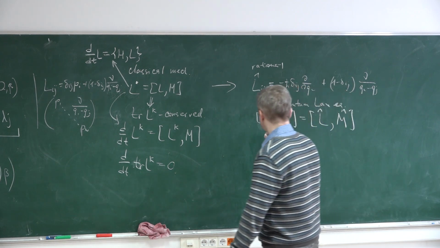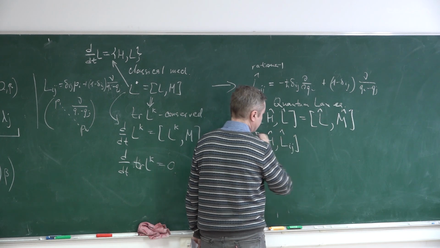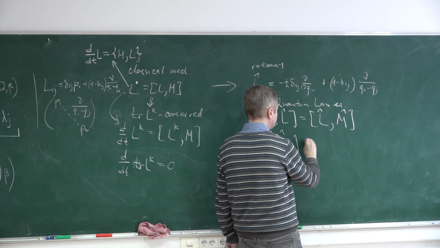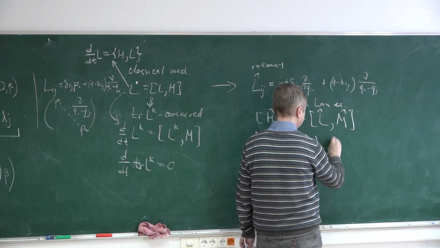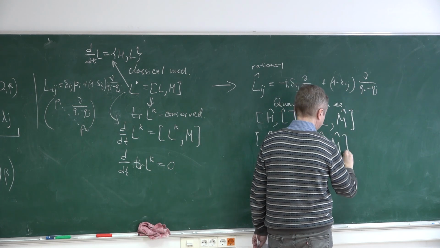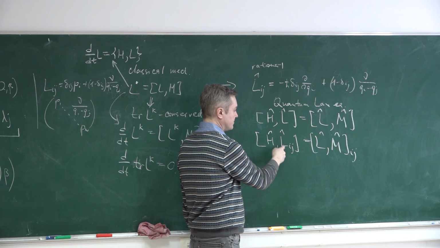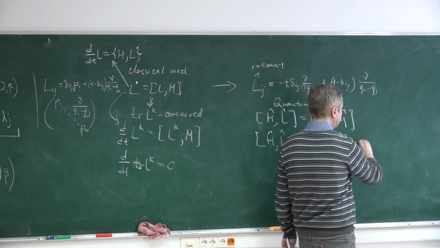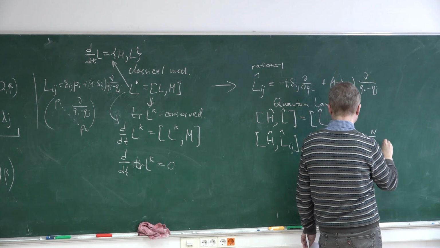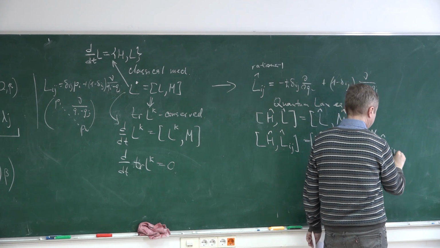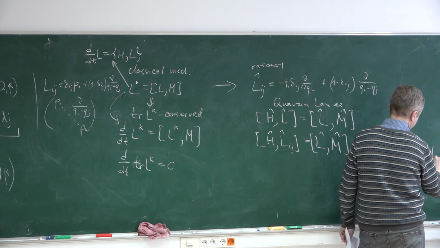So we may write it in components, like the commutator of L and M, ij, where i and j are standing here, and it means the sum over k from 1 to n of L_ik M_kj minus M_ik L_kj.